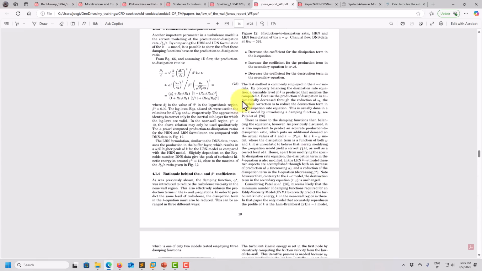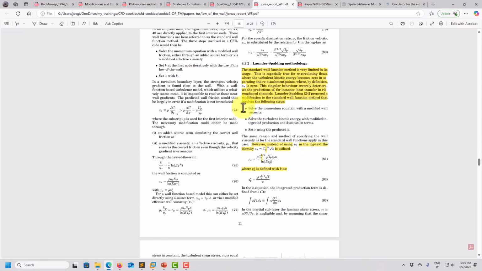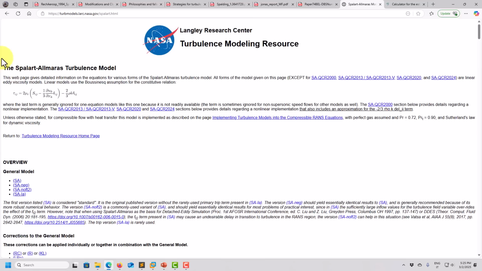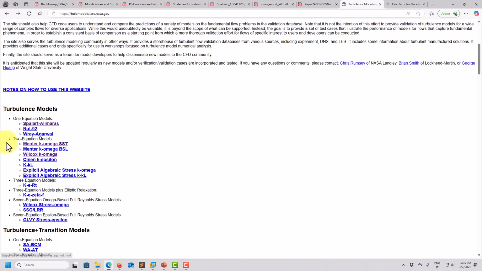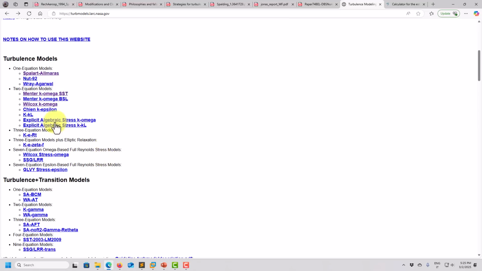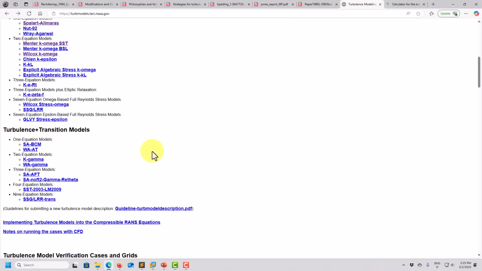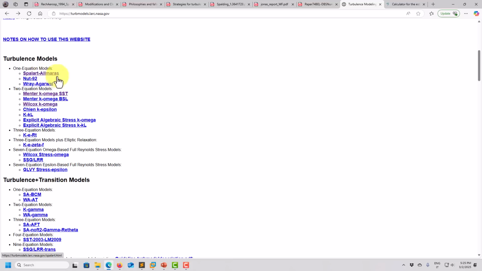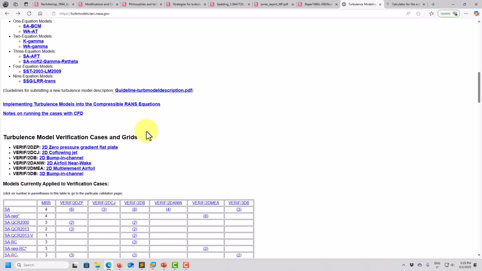I recommend you take a look at this paper. Fantastic, I love it. With this, I don't need to address any more theory. Hopefully you have a better idea. You can also come to the NASA website. They don't have anything specific about wall functions or wall modeling, but as you read different sections, from time to time they talk about it.